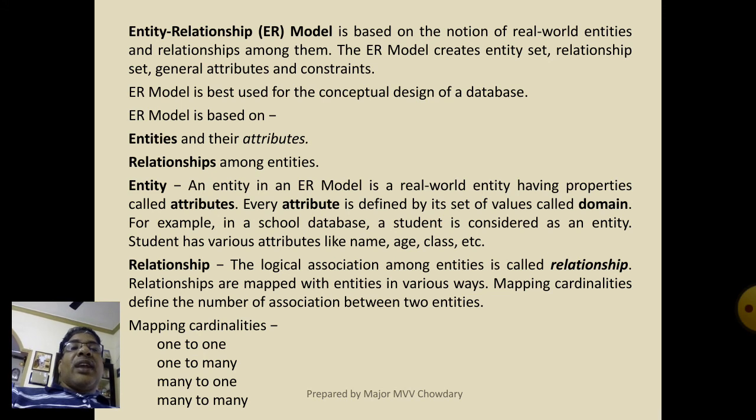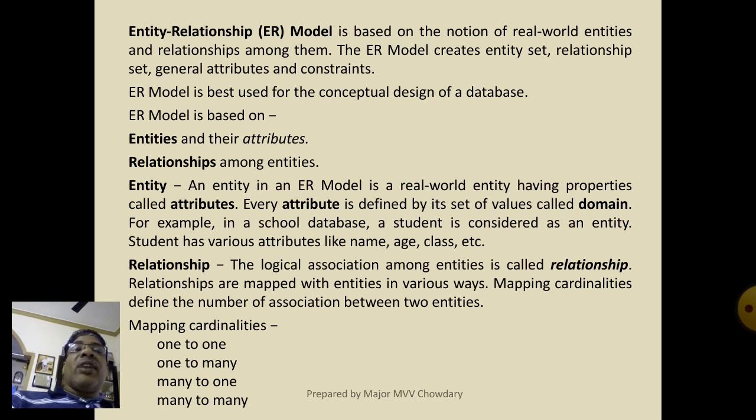Next one is attribute. A property of an entity is called an attribute. Every attribute is defined by its set of values called domain. For example, if we consider a school database, a student is considered as an entity.